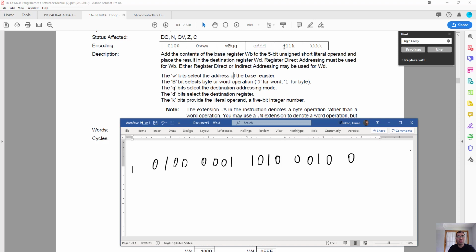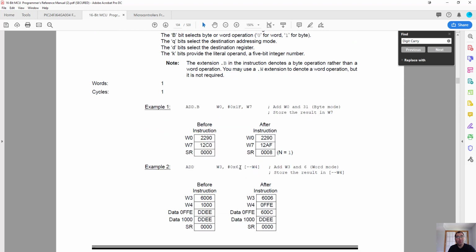So we took care of that. And then you have 1 1, which is basically constant, so you just put 1 1 there. And then we have KKKKK, a 5-bit K. What is that? K bits provide the literal operand, a 5-bit integer number. So what's our literal here? It's 6, right?